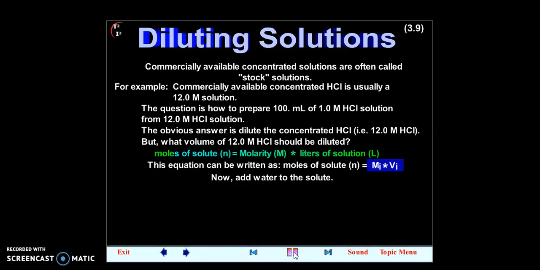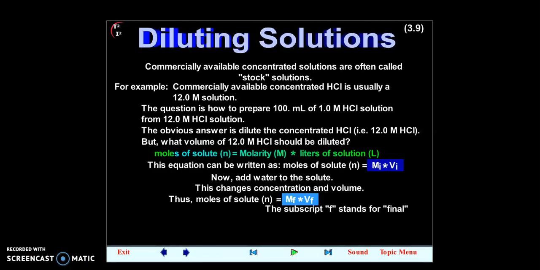Adding water to the solute changes the concentration and volume, and that will give us the second. Thus, the moles of solute n equals Mf times Vf, where the subscript f stands for final volume and final molarity.